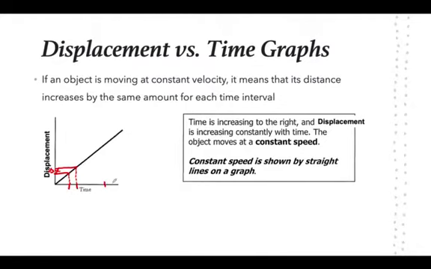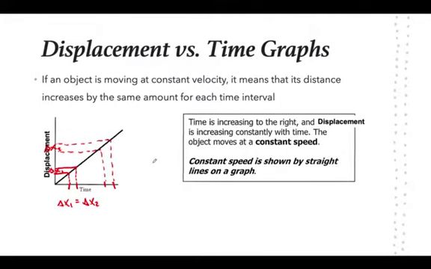If I look at the same time interval but farther down the line, then I would see that the change in displacement here is the same. So I can say that delta x1 is equal to delta x2, which means that if the displacement changes by the same amount during the same time interval, the object is moving at constant velocity.